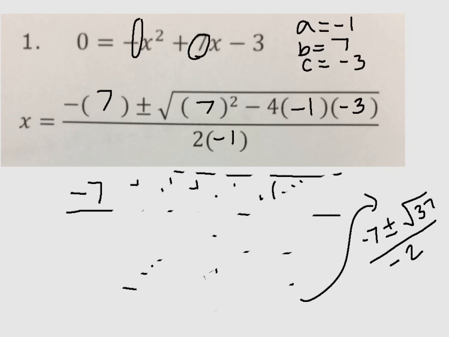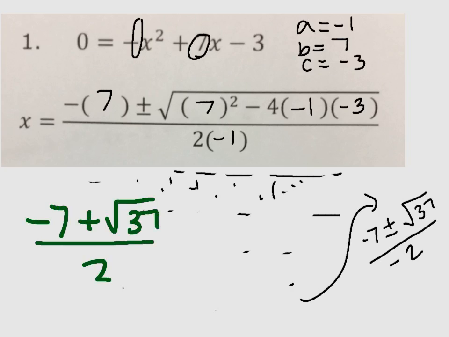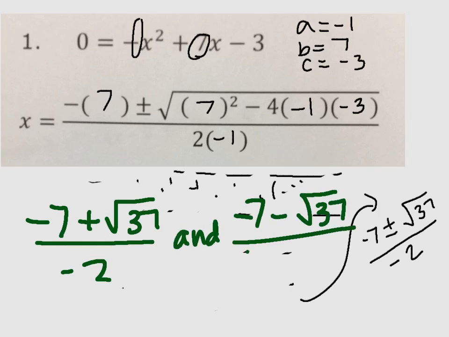You'll have to put it in the calculator twice, and it will be negative 7 plus the square root of 37 over negative 2, and negative 7 minus the square root of 37 over negative 2. Then you could put all that in the calculator and get a decimal answer. But put it in twice. Then your solution set is the decimals.